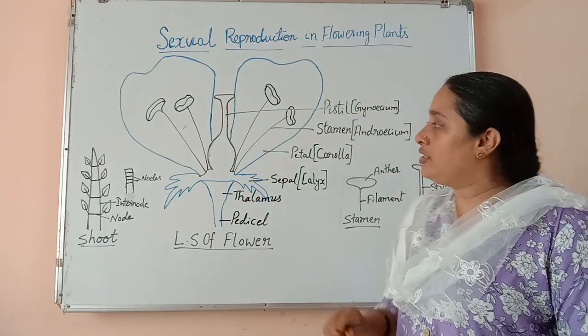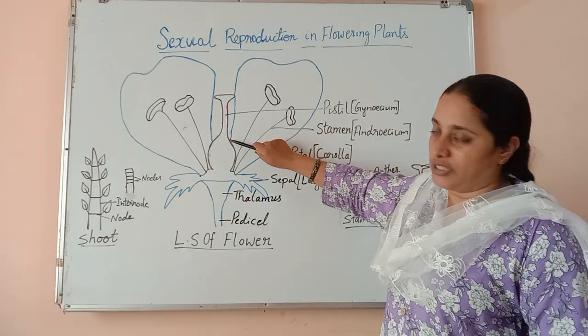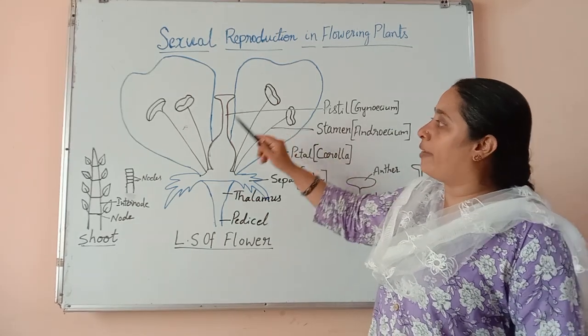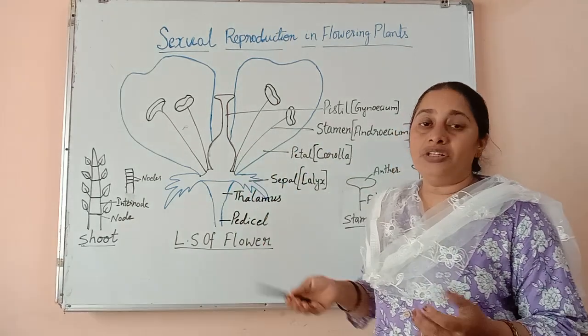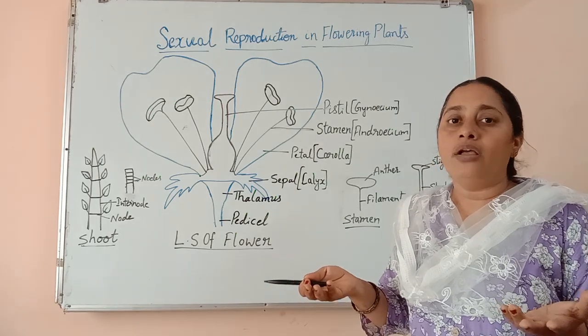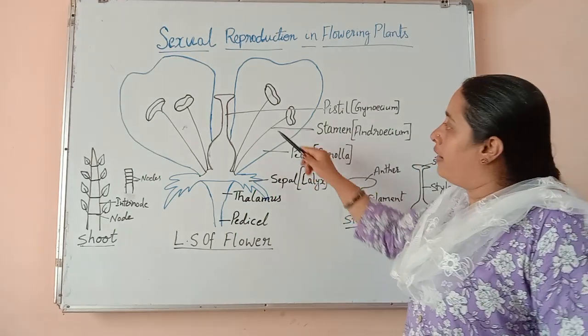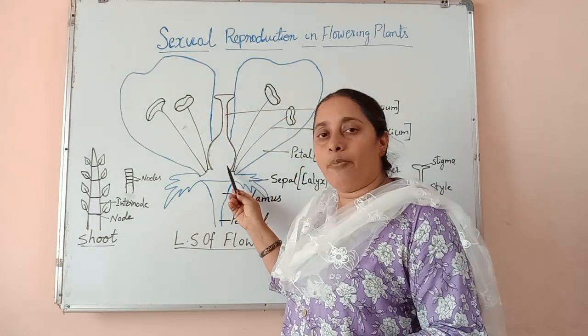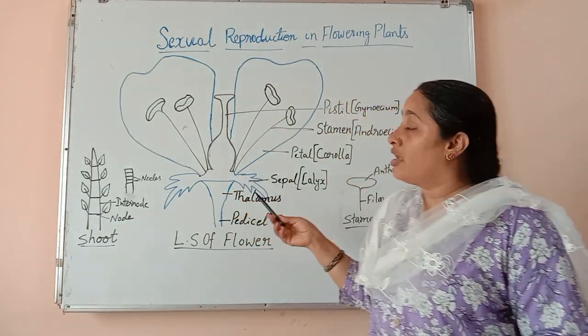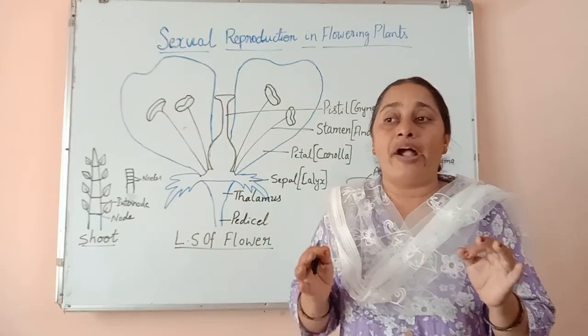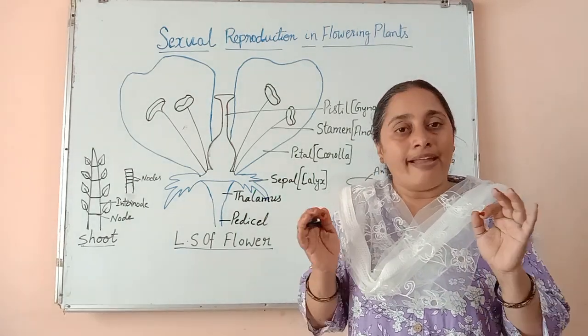Okay. Now coming to stamen and pistil, that is Androecium and Gynoecium. Dear students, as I told you earlier, the stamens are male reproductive organs and pistil is a female reproductive organ. That means they are very much required for reproduction at any cost.